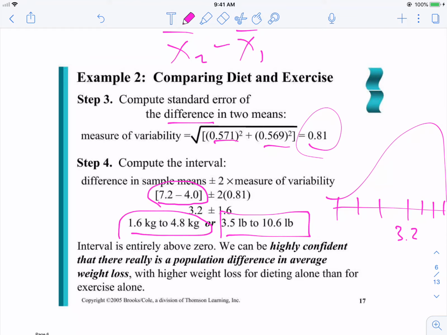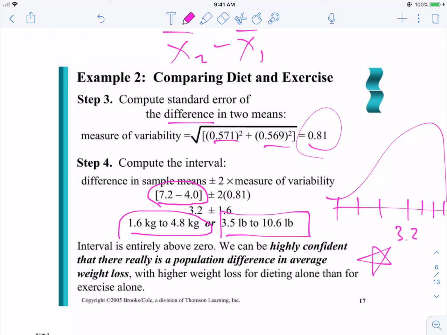Now, the big important thing is the interpretation of this confidence interval. Notice that both of these intervals, doesn't matter which units you're using, the intervals are entirely above zero. What you're interpreting from this is that if you have a difference that includes zero, then there's no difference between those two things.